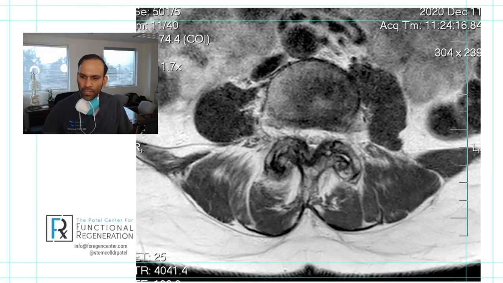So in the more severe facet joints, your hamburgers, for all intents and purposes, have gotten smushed. Right here is a piece of that bread. Here's some of that bread right there. And you can see how this hamburger has been through a lot.